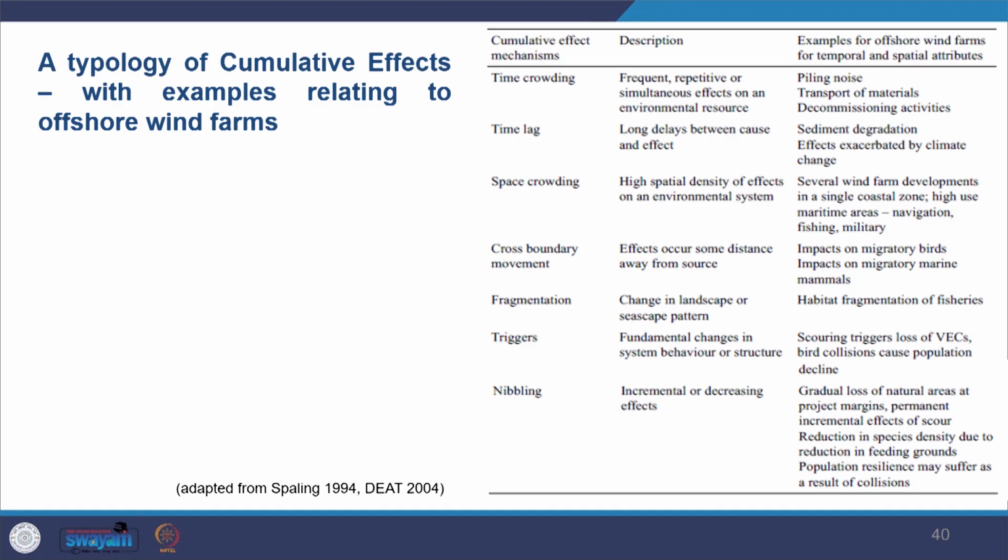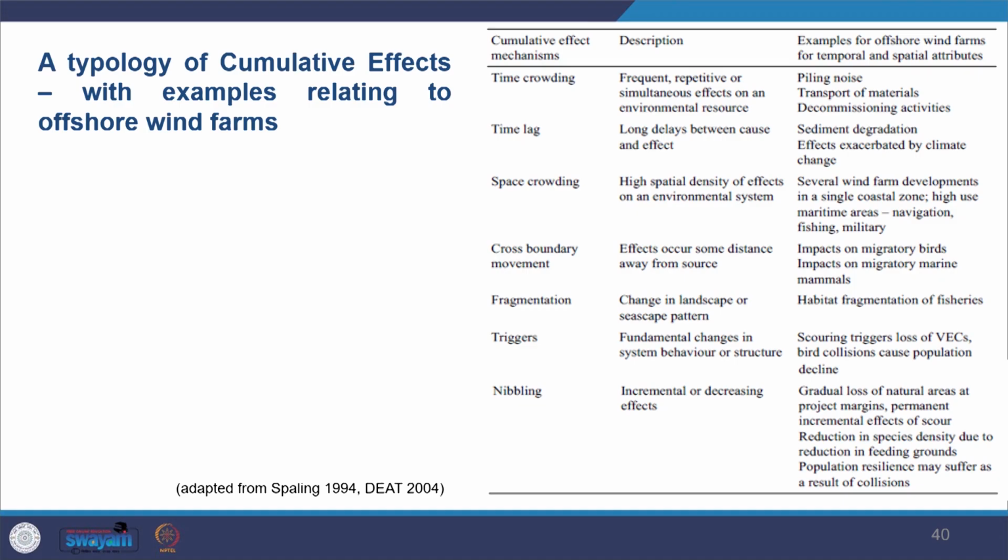So what's really happening at the project site or beyond the project site, like impacts on migratory birds and migratory marine mammals. Then you have another mechanism, fragmentation, a change in the landscape or seascape pattern. We had talked about fragmentation also, how things get fragmented.